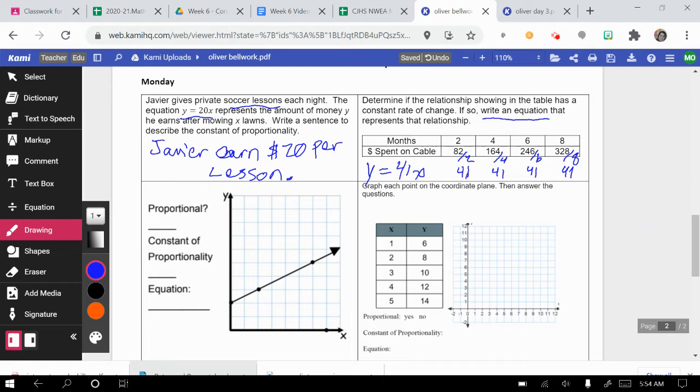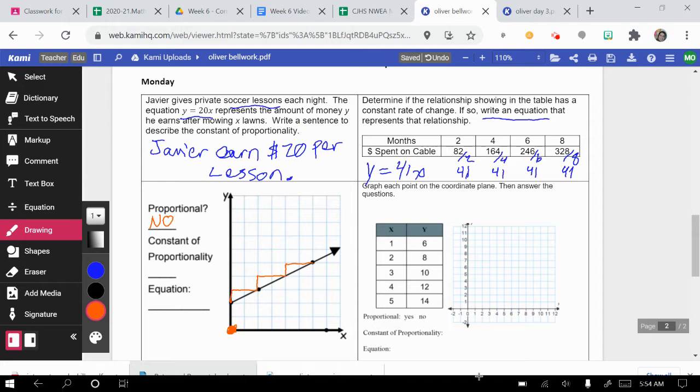All right. Next one. Are we proportional? Well, is it going through our origin? We know it's a straight line, but it did not cross the origin, so it did not meet both of our criteria. So no, it is not proportional. But does it consistently increase, going up 1 and over 2, up 1, over 2, up 1, over 2?